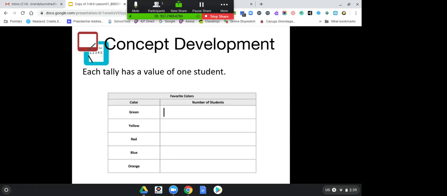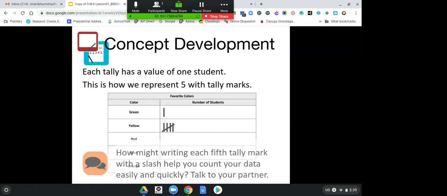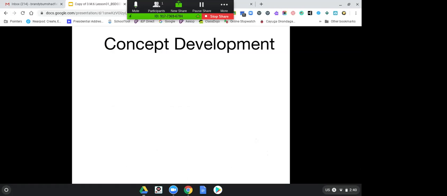A review of a tally: 1 mark. Yellow has 4. If you add 1 through it, it would be 5. That would be 1 and 5 for tally marks. Then this asks you the question, how might writing each 5th tally mark with a slash help you count your data? You can't talk to a partner, but it would let you count by 5s to make it easier to count.